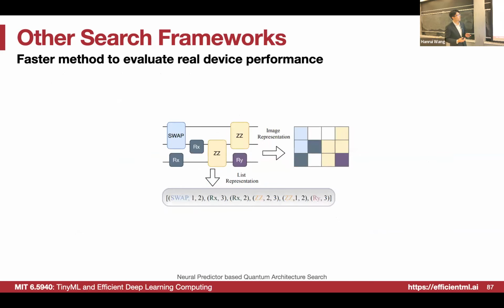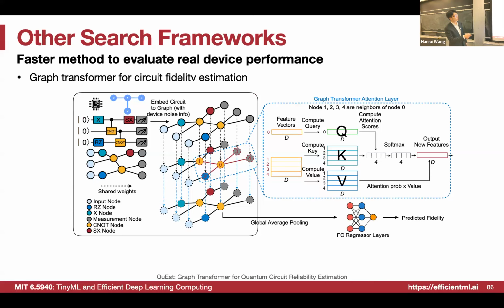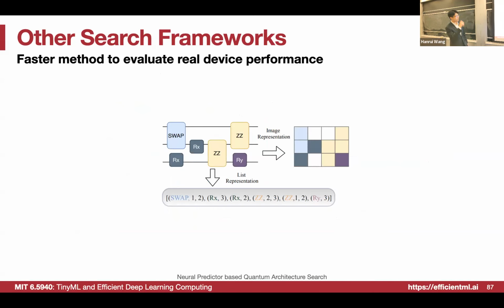Also, instead of using this graph neural net to do the evaluation, we can also use some other representation. For example, in some other paper, they are trying to use a very simple image to represent the state, right? So for example, if we have a swap case, we can have 2 pixels here to represent that.